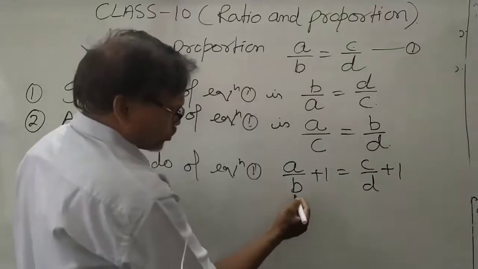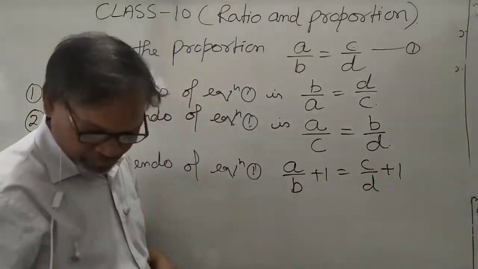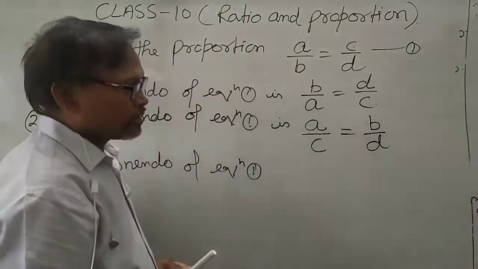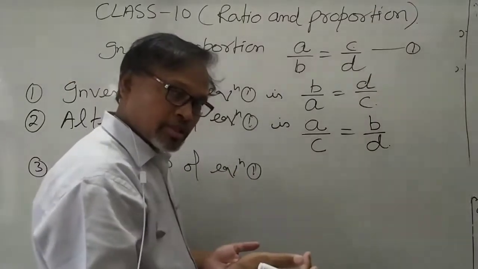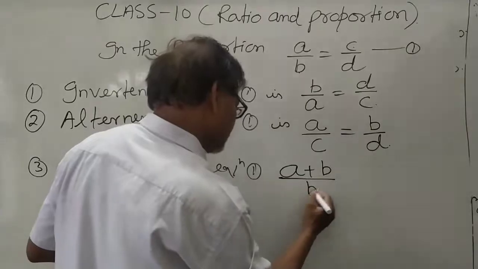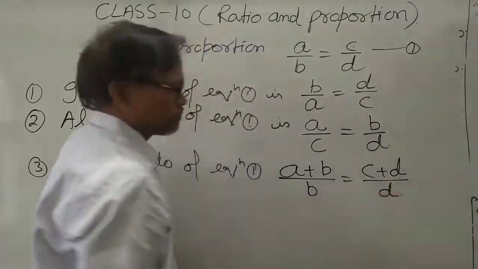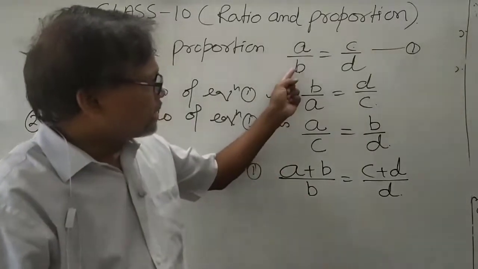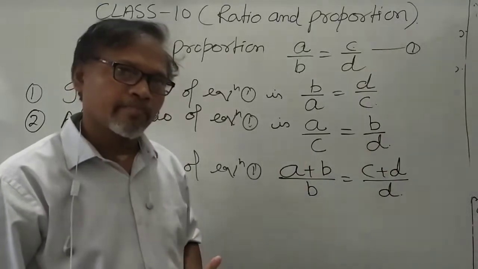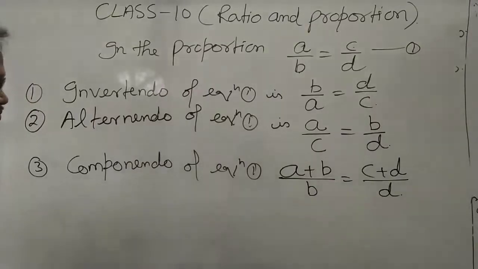Take LCM, so A plus B upon B is equal to C plus D upon D. You have to take LCM thereafter. So directly you can write: add the denominator in the numerator, and so it is called componendo.